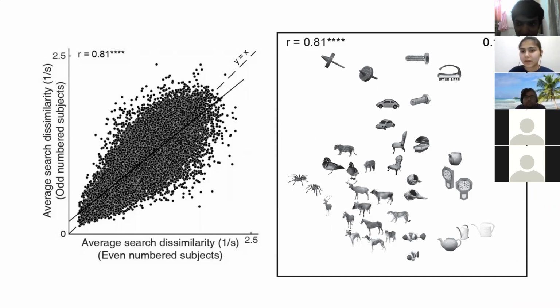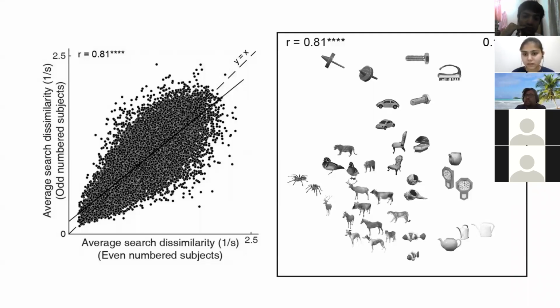Yeah, please continue. What is R? Oh, that's the Pearson correlation coefficient. It's a measure of how similar, for example, in the plot on the left, where I'm showing you the average search dissimilarity across 2 subject groups, this R is an indicator of how similar the reaction times or search dissimilarities are across these 2 groups.